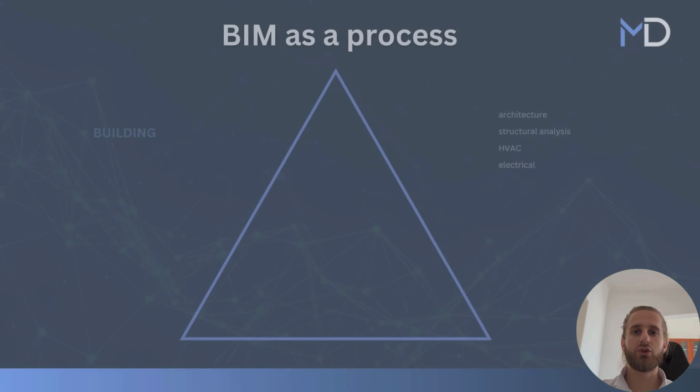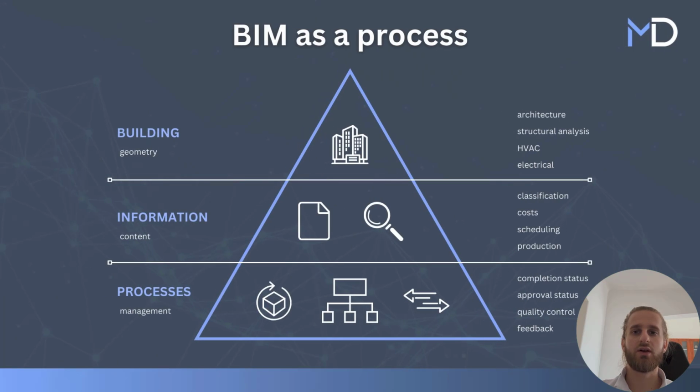It is important to note that BIM is not just 3D software but a broader process. This graphic shows that BIM can be divided into three main parts: the object, geometry, information or content, and the processes for managing the model.